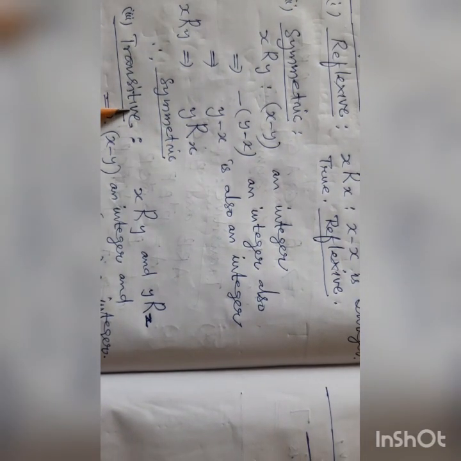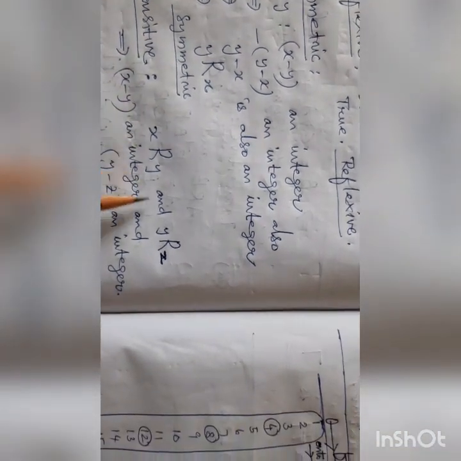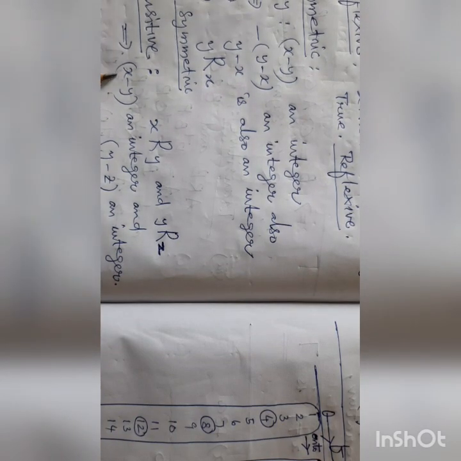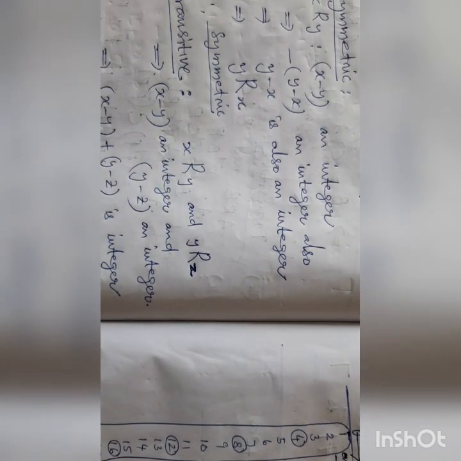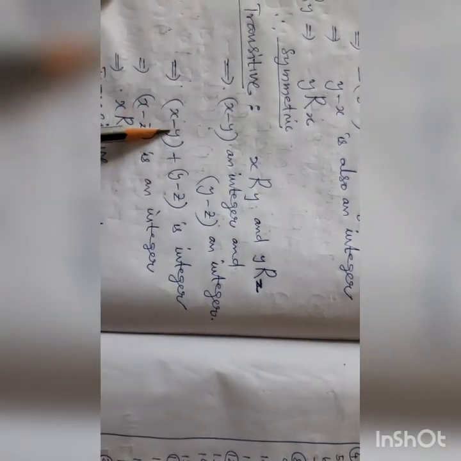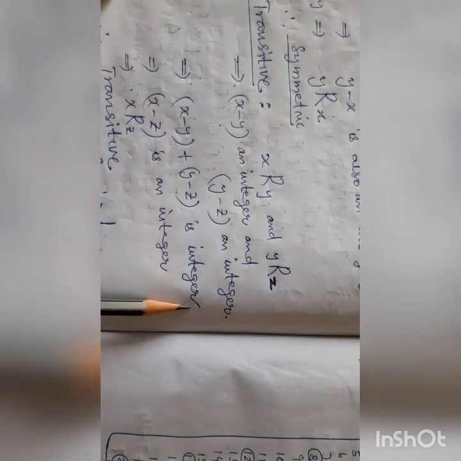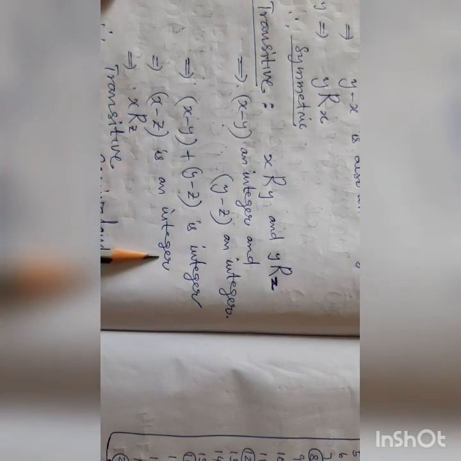Next, transitive. For transitive, (x, y) and (y, z) imply x minus y is an integer and y minus z is an integer. This implies x minus y plus y minus z is an integer, which implies x minus z is an integer.